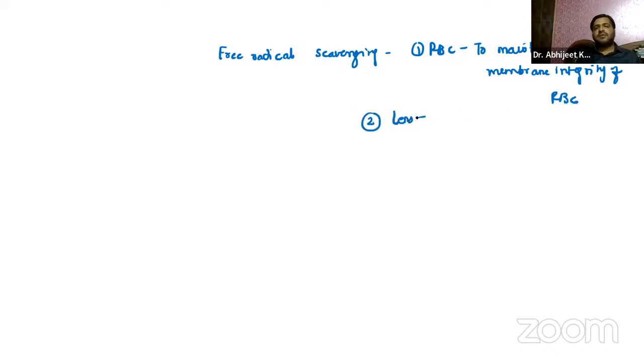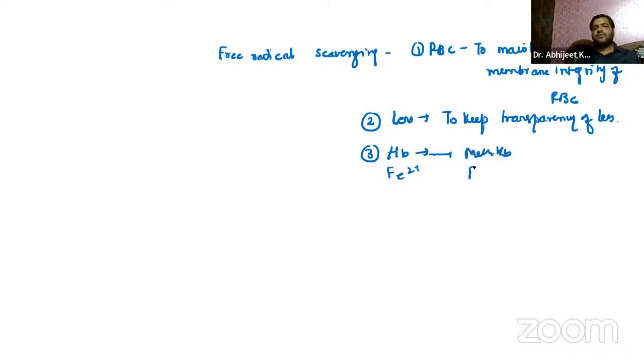Second, lens, basically to keep the transparency of lens. And the third one, that is the Hb. It does not allow the Hb to change into methemoglobin, Fe+3, right? So that is free radical scavenging. It is very, very important in erythrocytes.